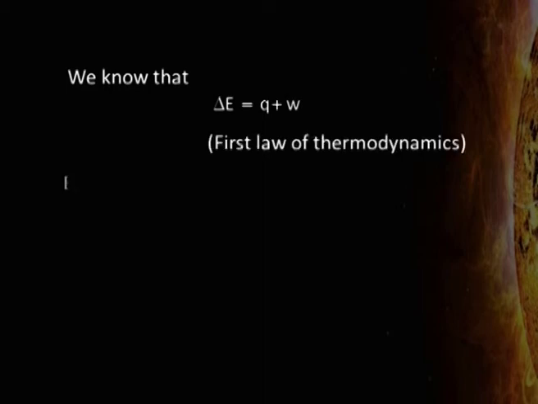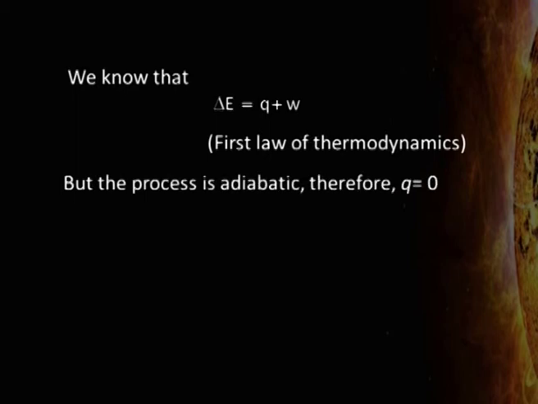As we know from the first law of thermodynamics, delta E is equal to Q plus W. But the Joule-Thomson experiment is done in adiabatic conditions, hence Q will be equal to 0.